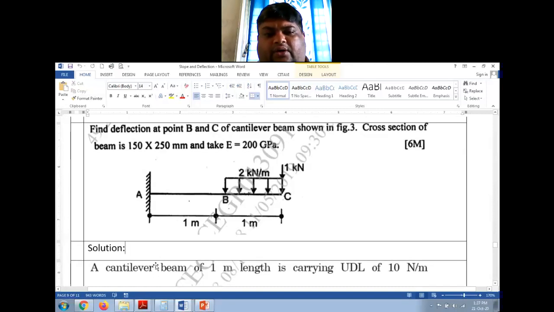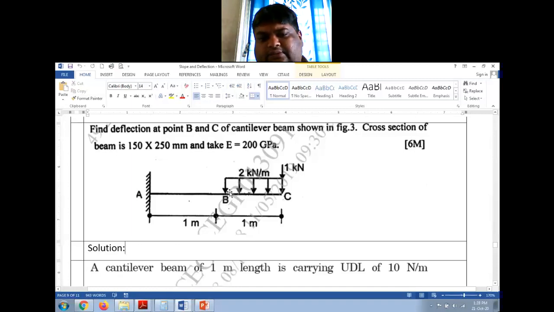All right. Now, since I have a UDL here which is not for the full length, whenever you have a UDL for some part of the length, it is better you extend this till the section XX, and then provide a compensating UDL at the bottom, right?